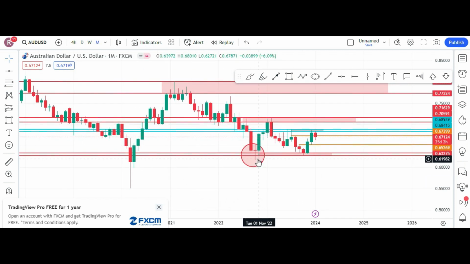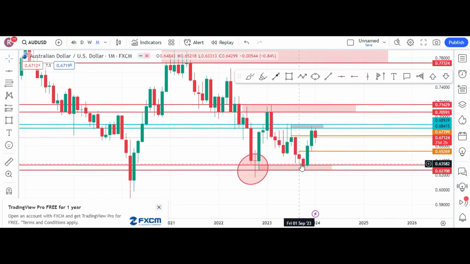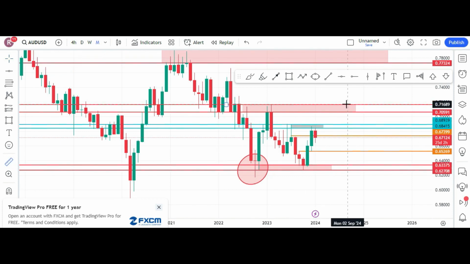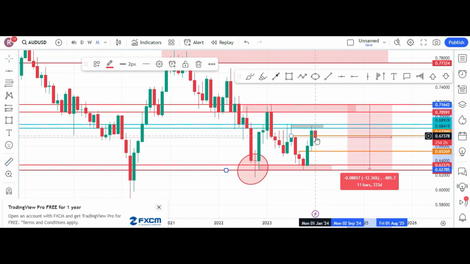Then it made a higher low, and another higher low here, and when it made this higher low, it made again a double bottom in the monthly and started to push the price back within this range. And if we see the range now, it has crossed almost more than 50%. It crossed, but it retraced back into the 50% zone again.